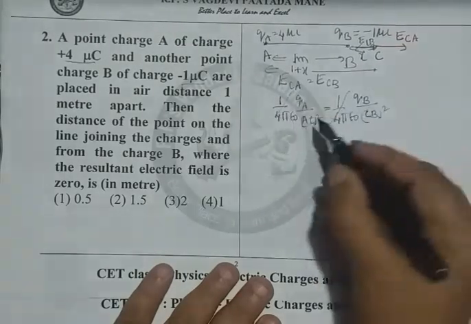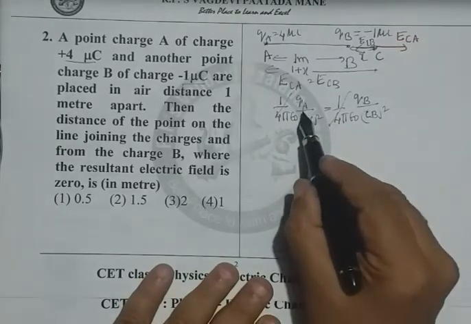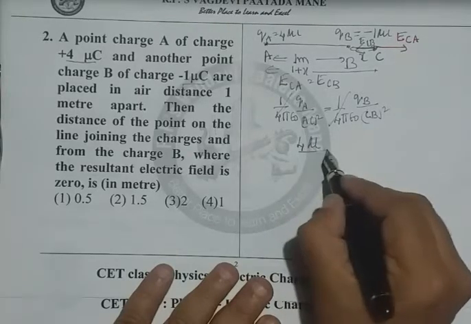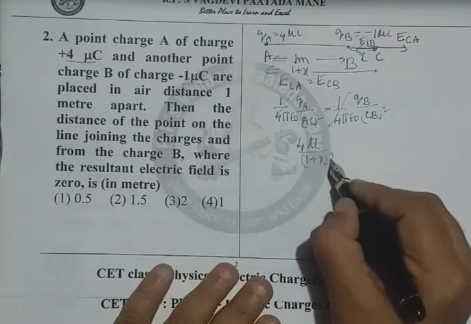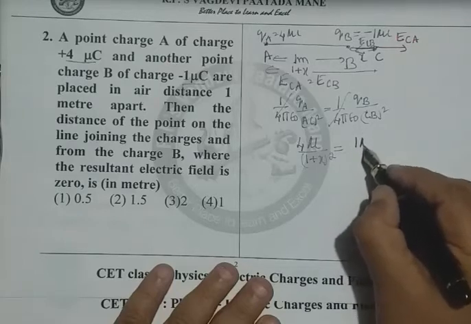Now cancelling all those things and substituting. I hope all of you are getting that. QA, I write 4 micro. AC, I write 1 plus x whole square, is equal to QB, 1 micro.